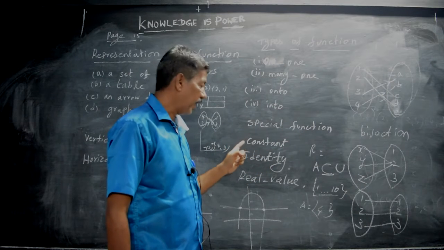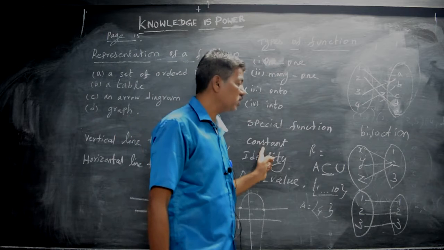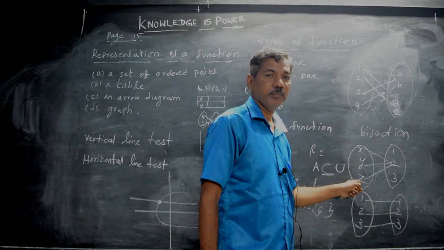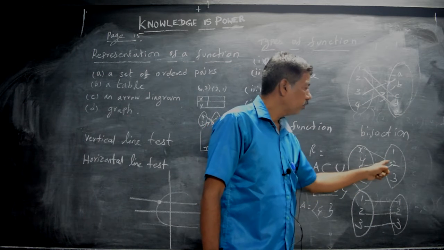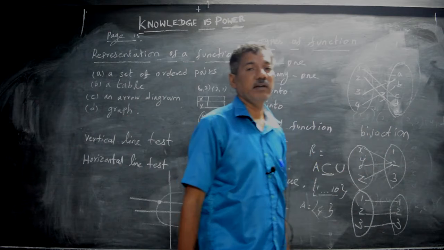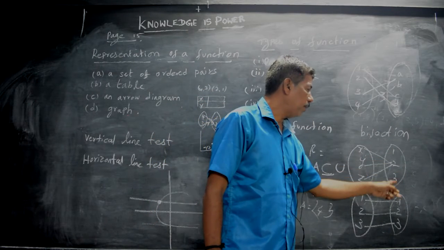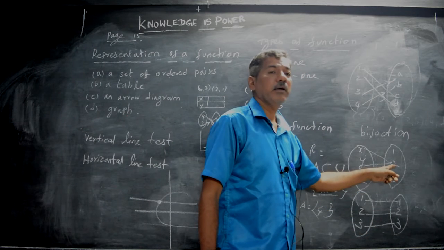So what are the special types of function? Constant, identity, real value. Constant means, what I told, each element in the domain is mapped to an image in the codomain. The elements present here, how many there are we are not bothered about, but they will be mapped.